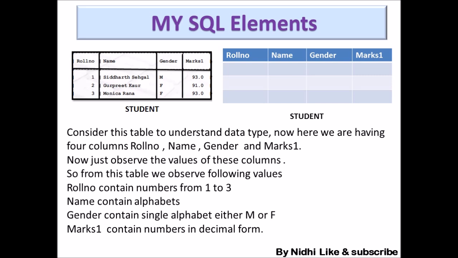These are groups of characters, which we call a string. The third column, gender, contains a single alphabet in capital letter, either M or F. And the fourth column, marks, contains numbers in decimal form, that is 93.0, 91.0 and 93.0. So on the basis of this, now let's talk about data types.